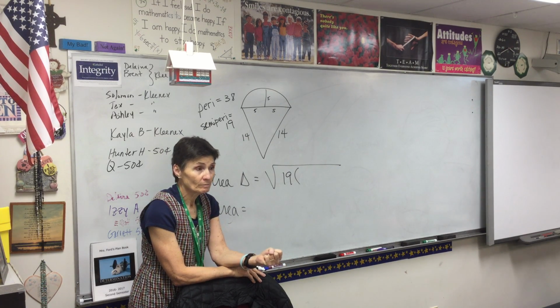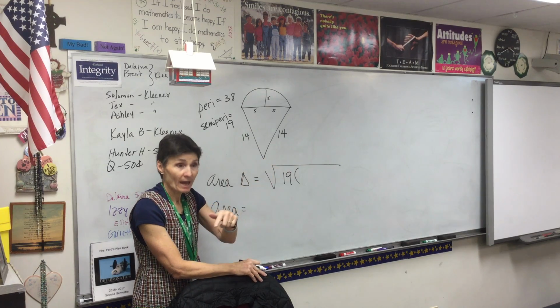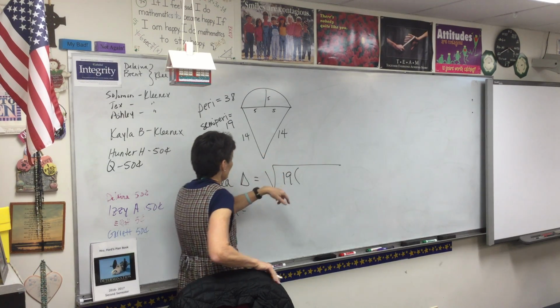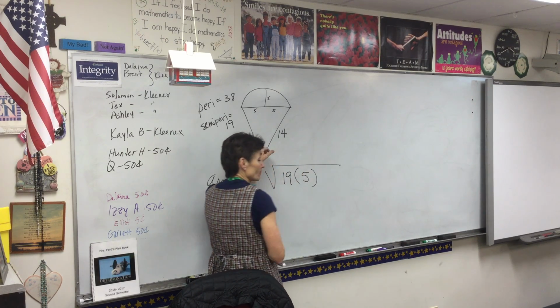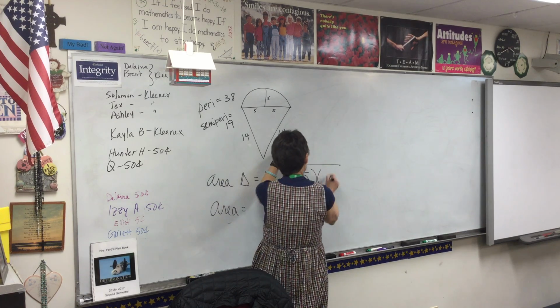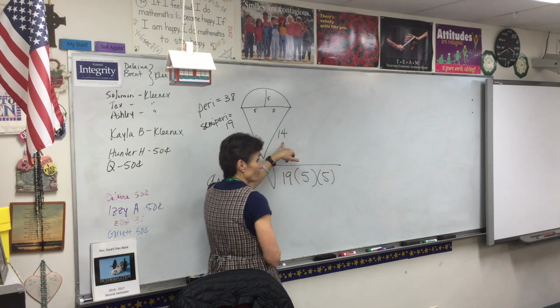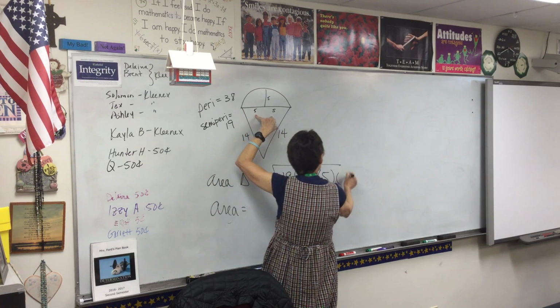And then we subtract each side from that. So 19 minus 14, and 19 minus 10.